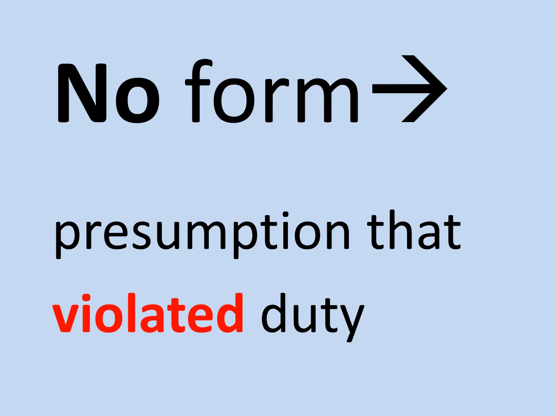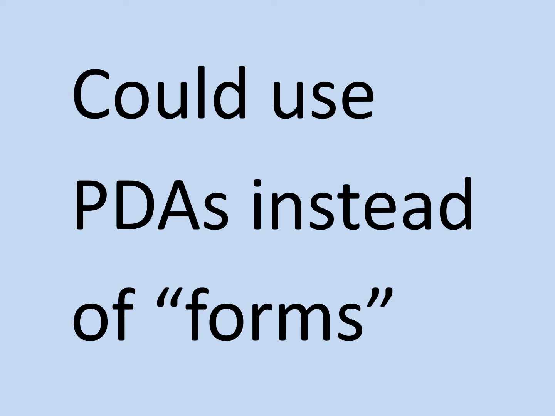Here, the failure to use a form creates a presumption that you failed to fulfill your duty. This hasn't happened yet in Texas, but instead of just using forms with just text, they could instead use decision aids to convey what they think needs to be conveyed.